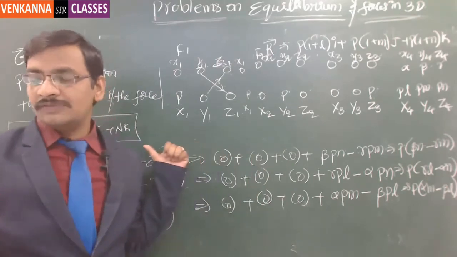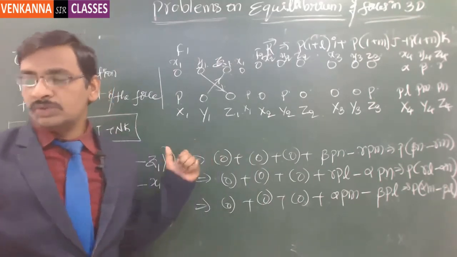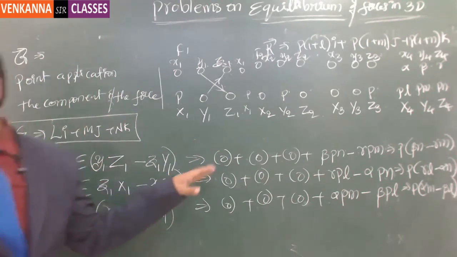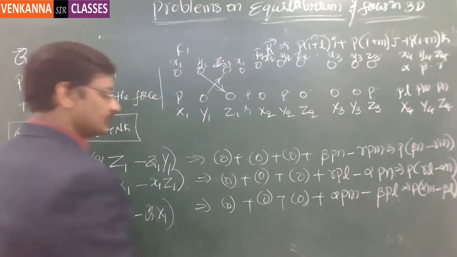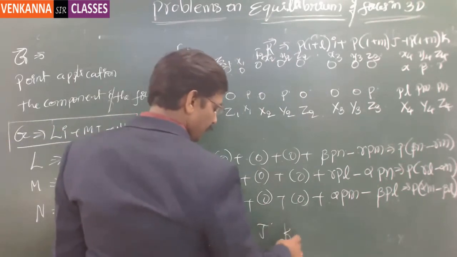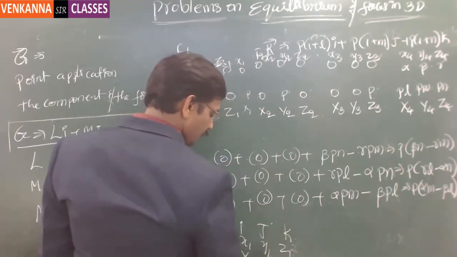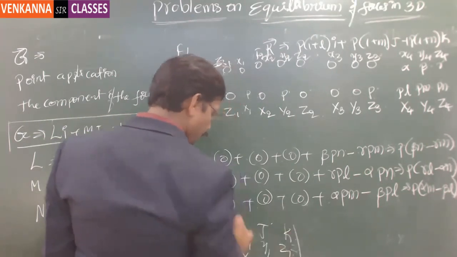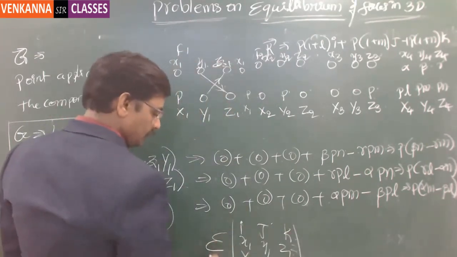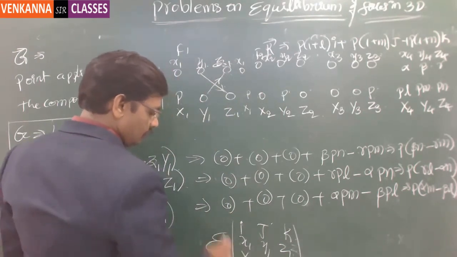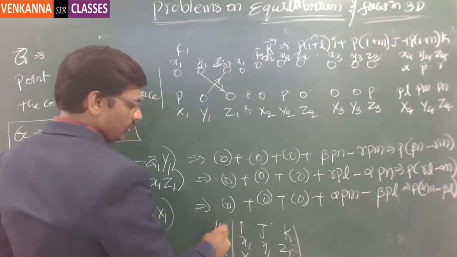So this is as if we have done the cross product. In the cross product we have taken only the components to calculate. Ideally we should have done I, J, K, x1, y1, z1 and x1, y1, z1, and for this we have to take, if I take this as R, so R is equal to 1 to 4. You have to calculate this way.